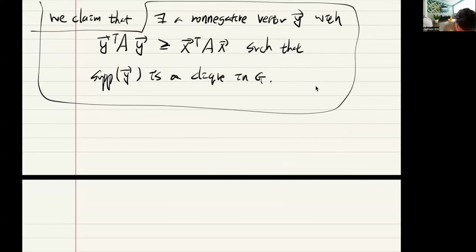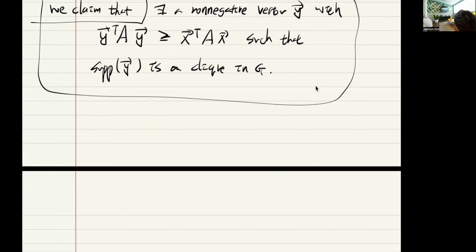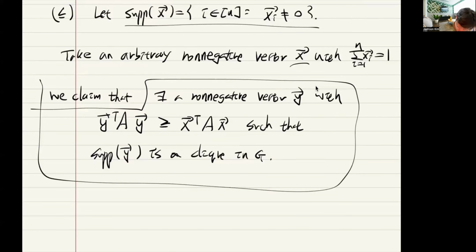So how do you do it? For this x, if the support of x is already a clique, then we are done. We just take y to be the same as x.